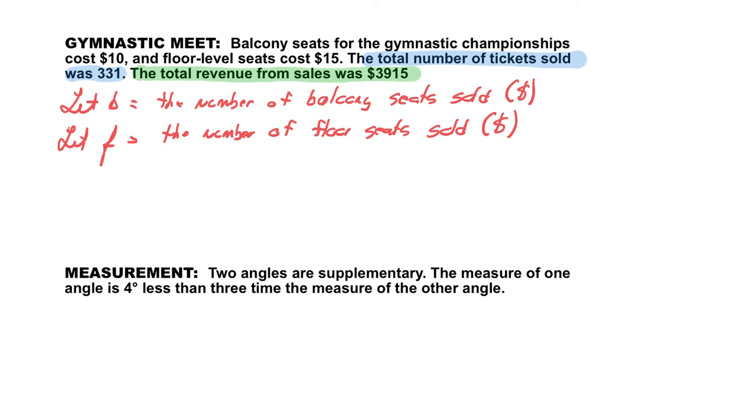So going back to the blue highlight, the number of tickets sold was 331. So that would be B plus F equals 331. The total revenue was $39.15. So it is $10 for balcony seats plus $15 for floor level seats. Add those together for your $39.15.